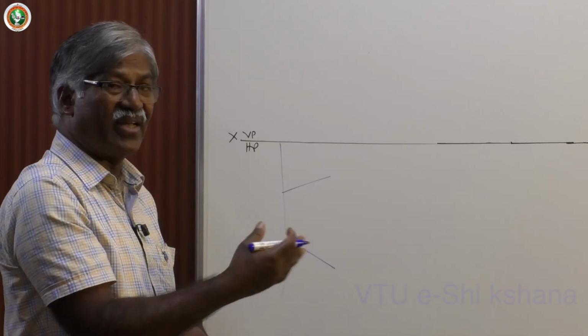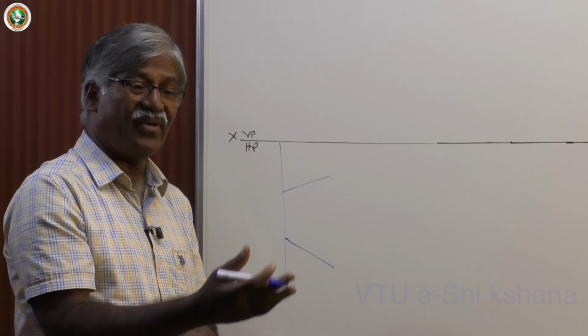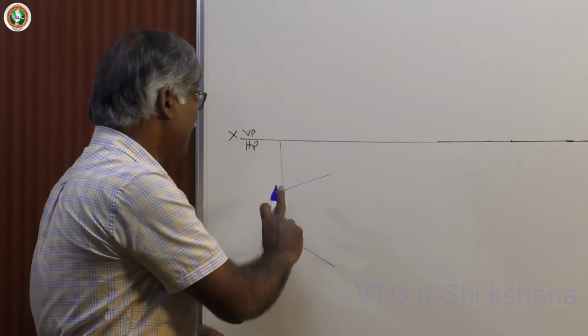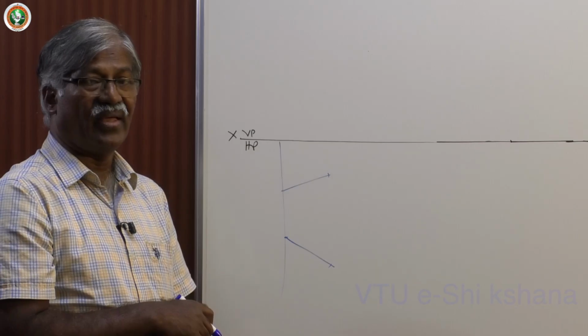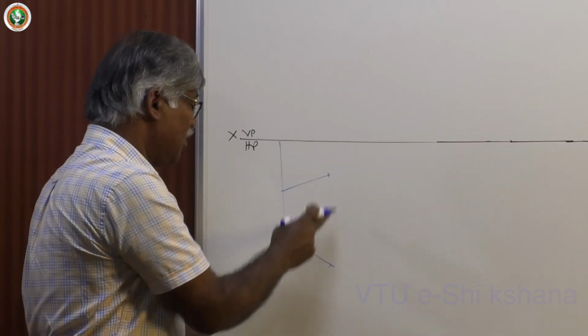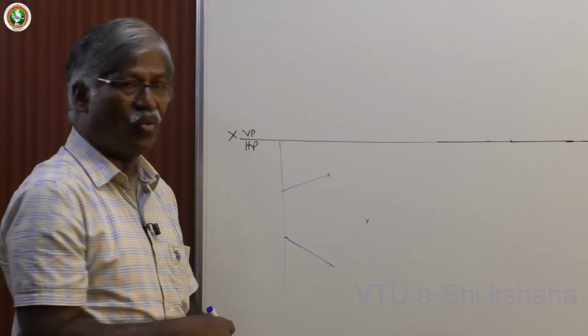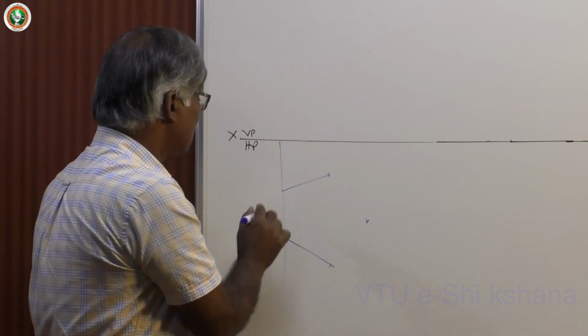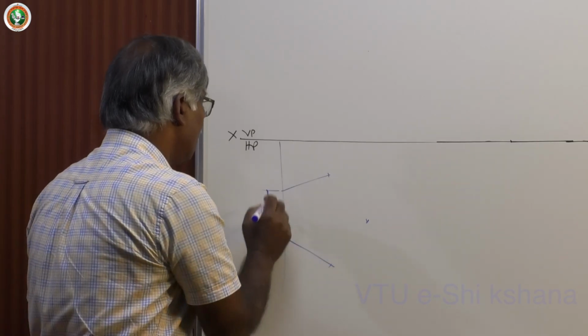Normally we commit mistakes by taking 112 or 72, instead of 72 we take 68. Then take the same distance, mark. Then with these 2 points as center, draw 2 more arcs, same distance. So 30 mm is the side.